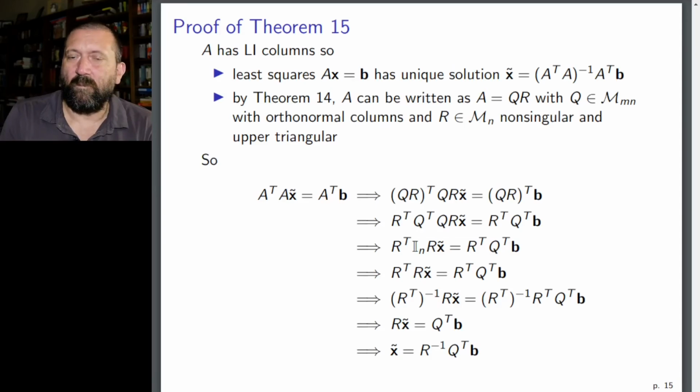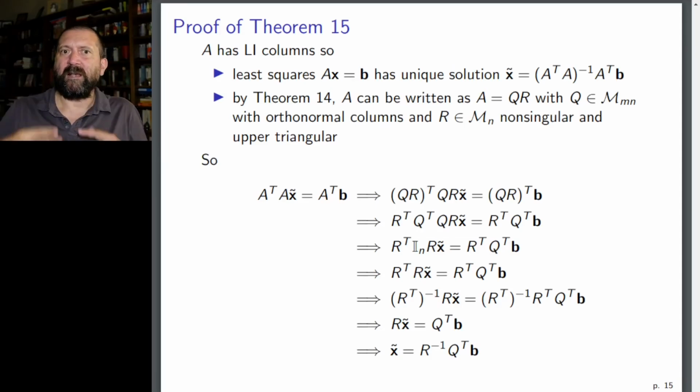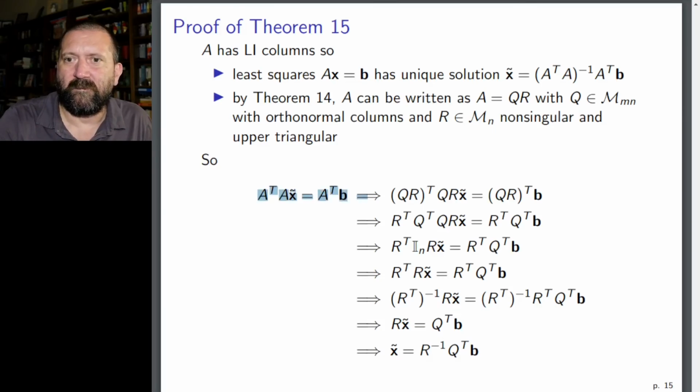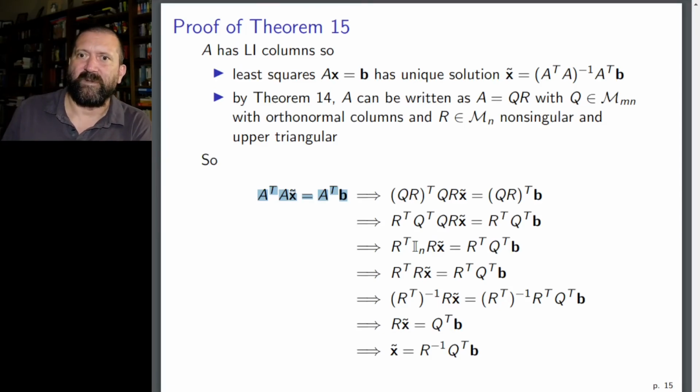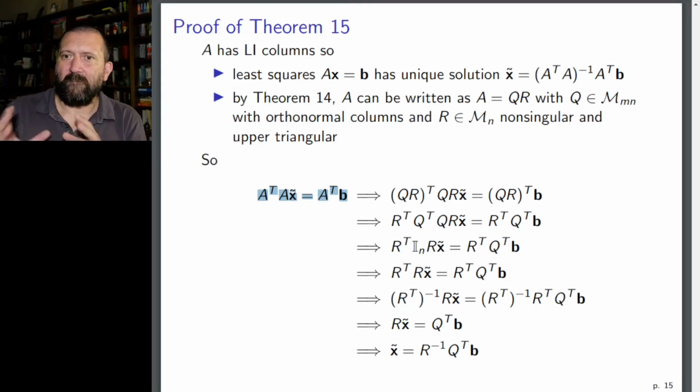Okay, so what we do is we go back to the normal equations, and I'll remind you that the normal equations are these equations: A transpose A times x tilde is equal to A transpose b. And what we're going to do is start by replacing A by what the QR decomposition actually gives us.